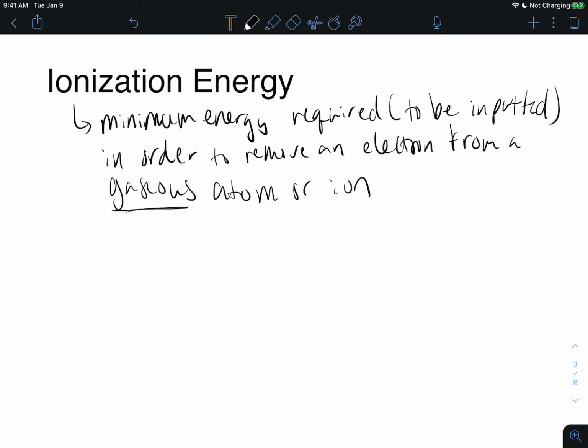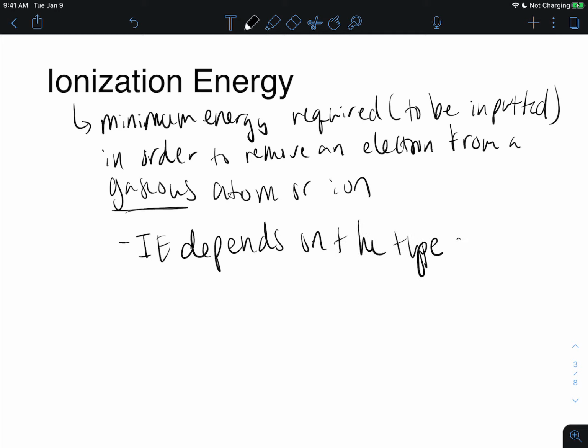And then, of course, the energy is going to depend on what electron you're removing. So our ionization energy, IE is just ionization energy, depends on the type of electron you are trying to remove.